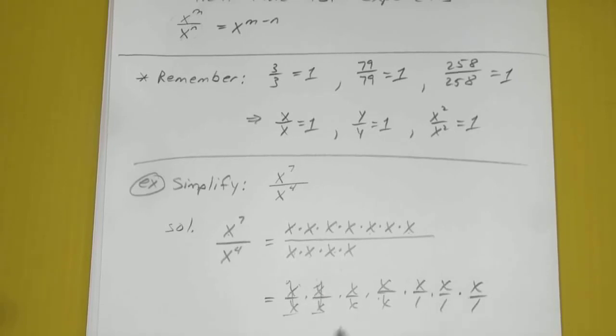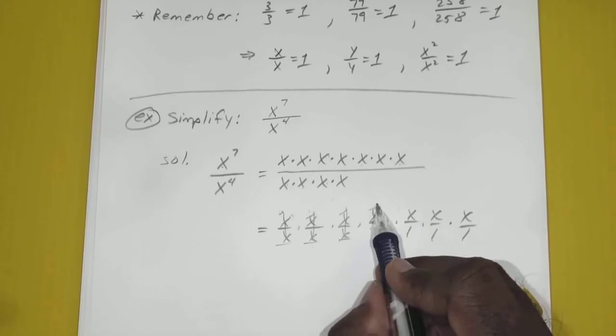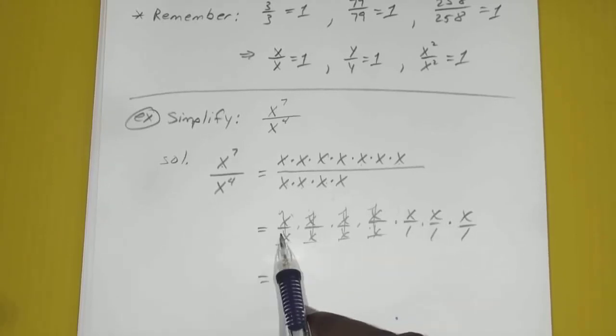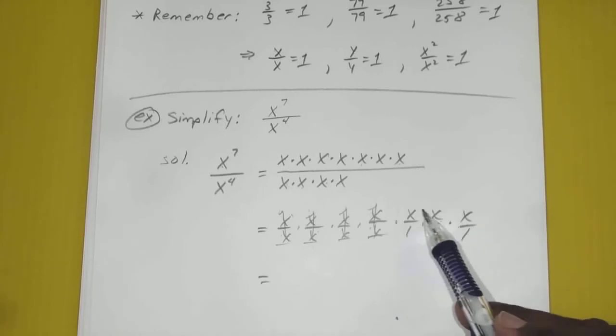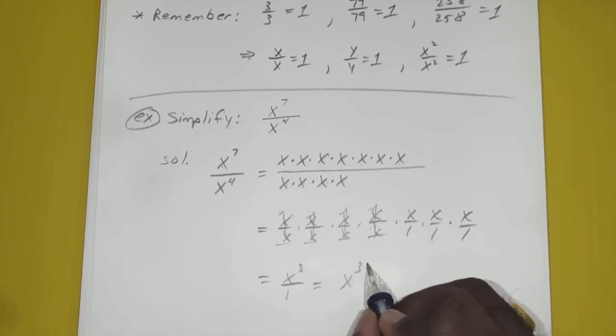All those fractions that just divide something by itself are just 1. So you have 1 times 1 times 1 times 1 times x times x times x. So that's just x to the 3rd power over 1, or just x to the 3rd power.